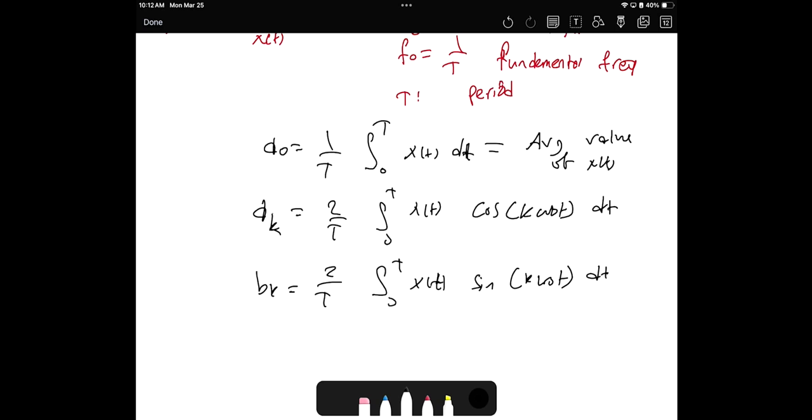Even though those are constants, we need to calculate them. So yes, I can convert any signal into a formula of sines and cosines, but there are constants, which we call Fourier series coefficients. These coefficients are important: a naught, a k, and b k are the Fourier series coefficients.